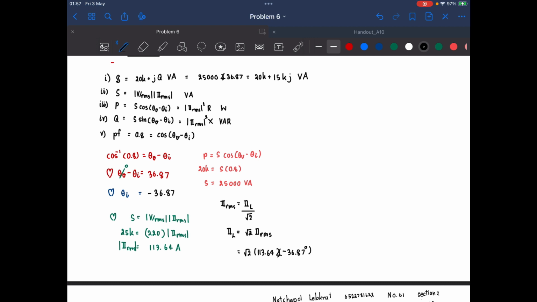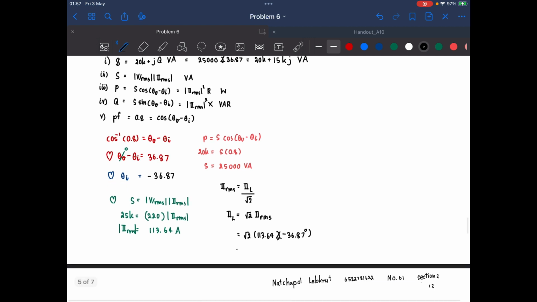So now we've got this value, ampere, right?